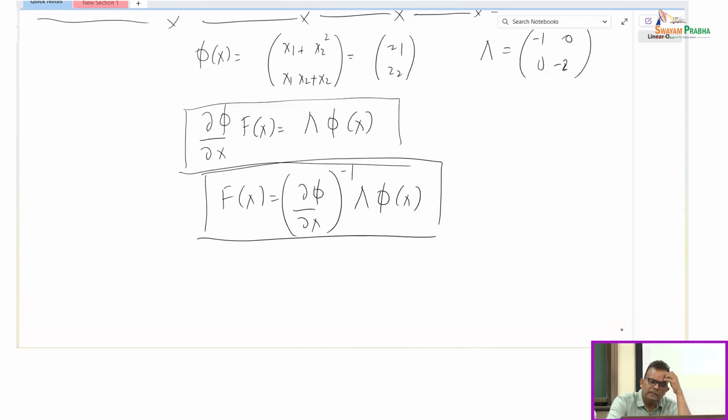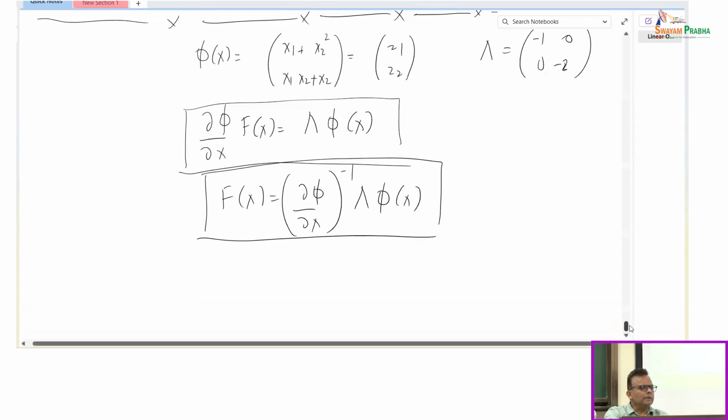Okay? Let's say now you have data coming from a dynamical system. How do you actually use this data to construct the finite dimensional approximation of this operator? And again, this is a very, very active area. I myself am not familiar with all the papers that are written.